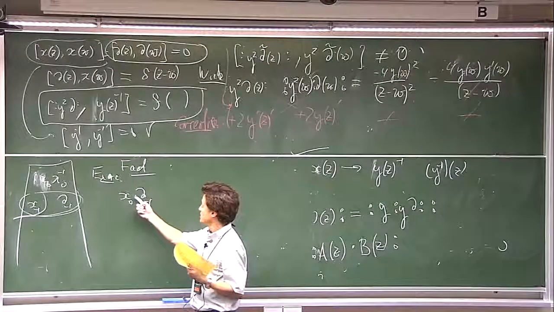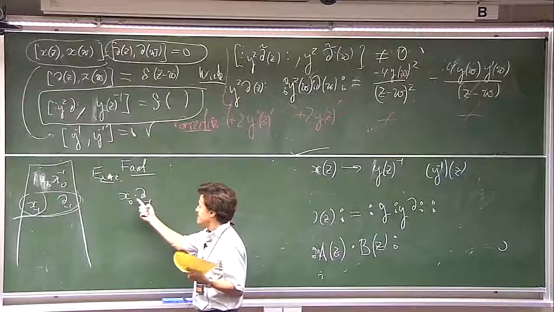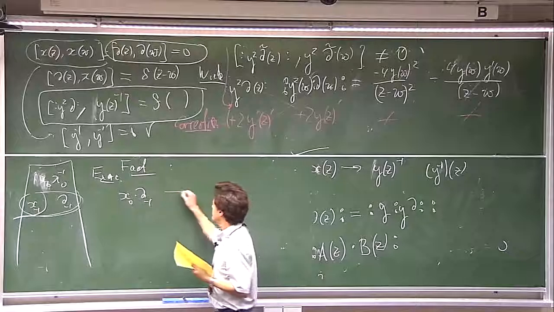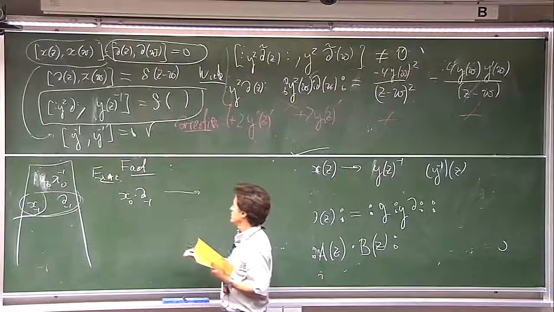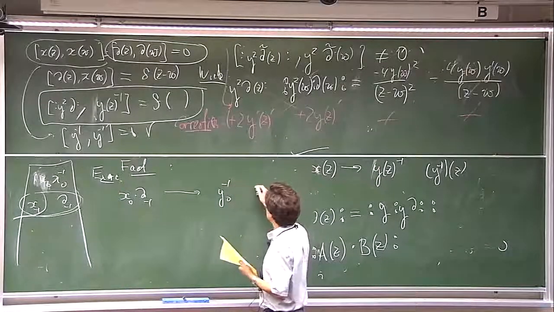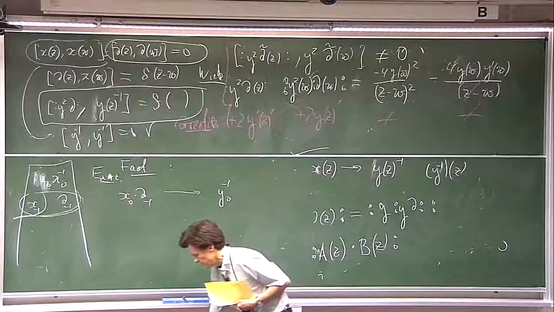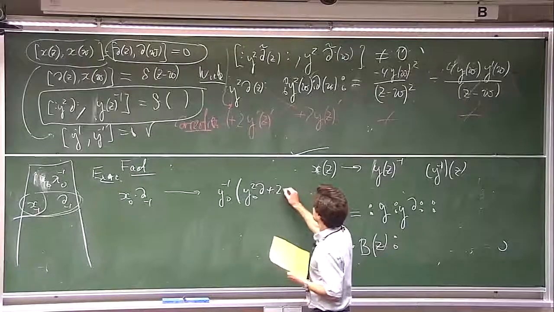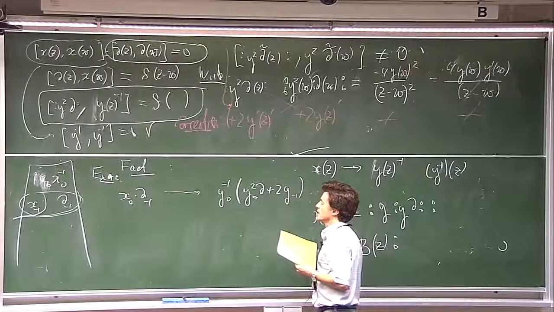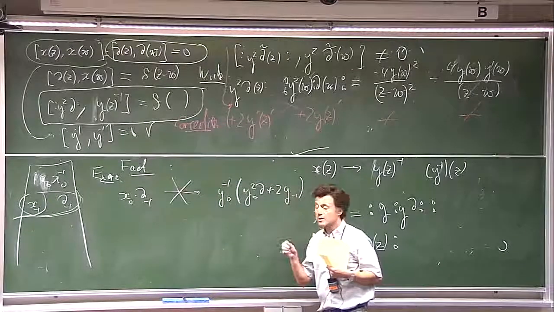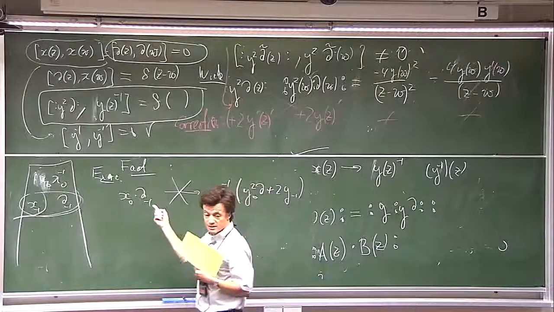I'm trying to convince you that the natural operation of our module structure actually fails. It's not natural. Were it natural, this element would go to what? The image of x0, which is y0 inverse, times this whole expression in terms of d. And that's false.